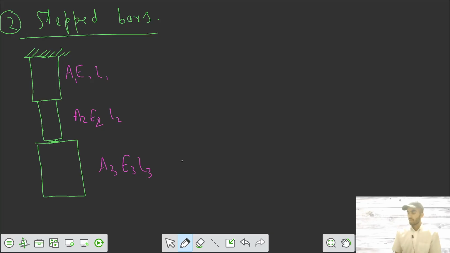Now you are applying external forces on this configuration: PB here, PC here, and PD here, at points A, B, C and D. I already said that free body diagrams are very important in civil engineering, so we do free body diagrams of these three parts, one by one.